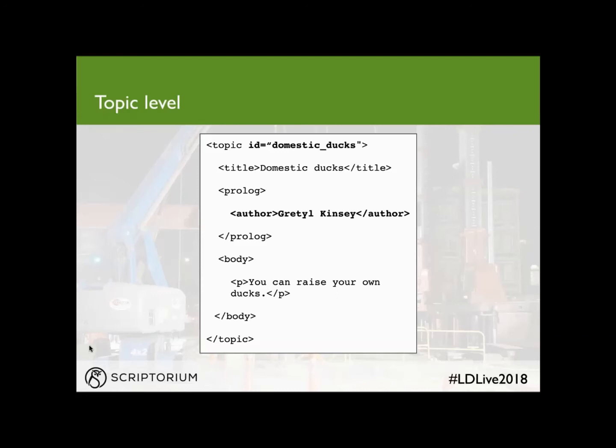Your prologue could also include copyright information, such as the copyright year and the copyright holder. And your prologue could also include information about your product version, your product release, and modification. The prologue metadata is only used for this type of system information like author and dates created, dates revised. DITA does not use the prologue metadata for filtering.